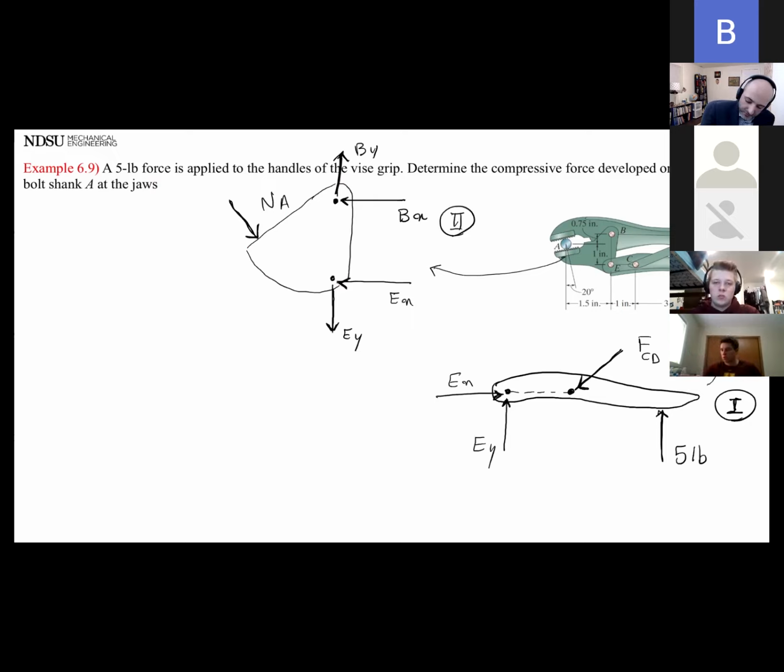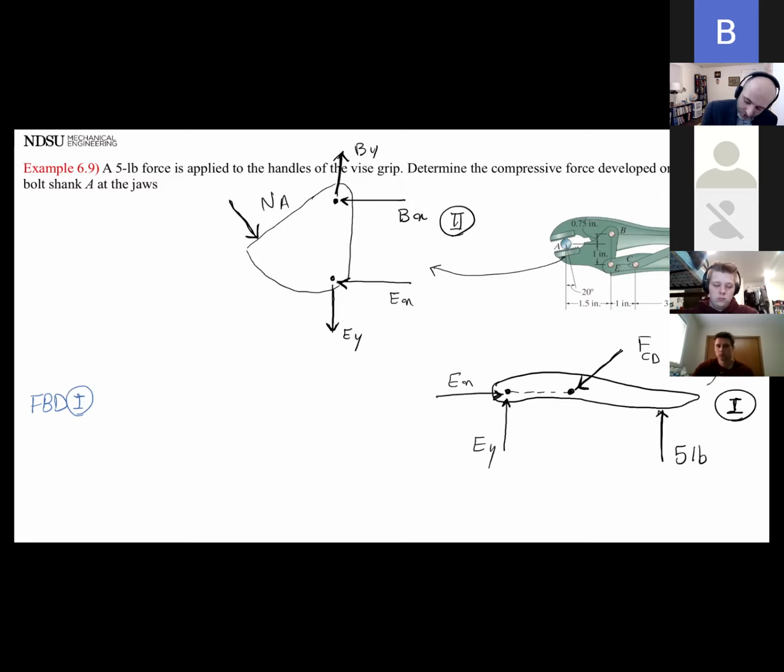So from FBD1, I'm going to take moment about point E. Is there a better way to do it? If I take moment about point E, I can find FCD and then find EX and EY. Yeah, I need EX. Okay, yeah, let's do that.